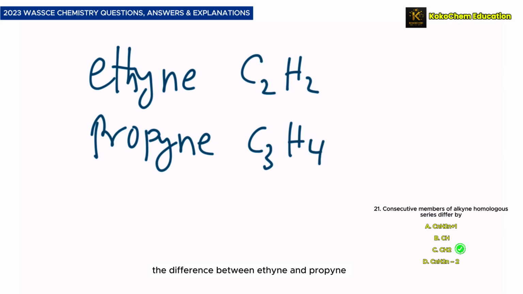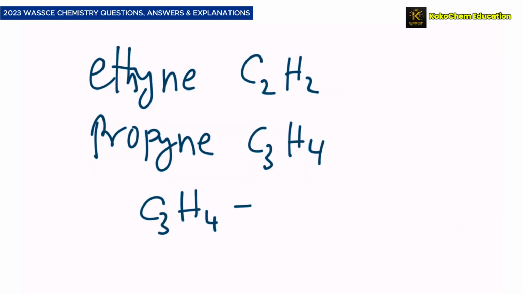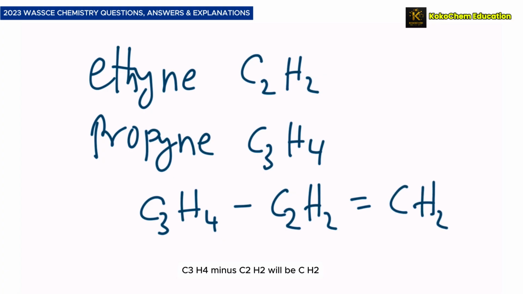The difference between ethyne and propyne is C3H4 minus C2H2 will be CH2. That is why each new member gets bigger by a CH2 group.